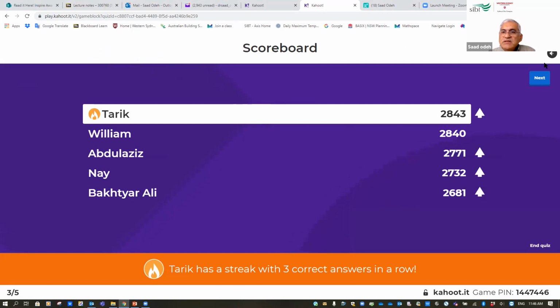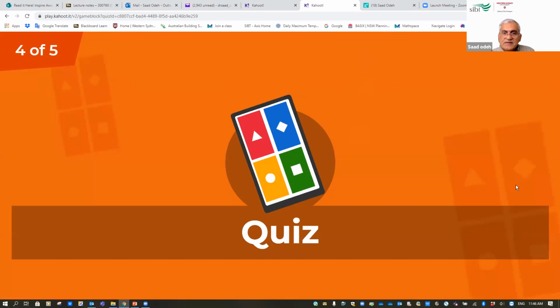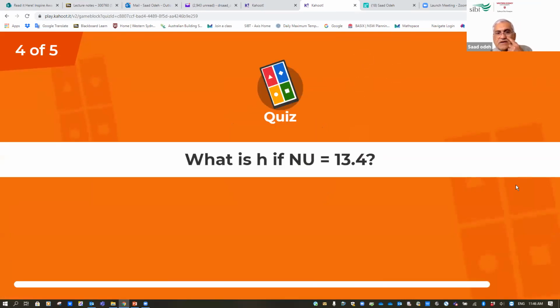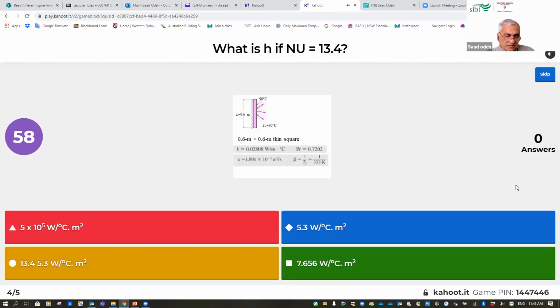Okay, so we'll go to the next question. What is H if the Nusselt number is 13.4? So again, Nusselt number. K is already given here.